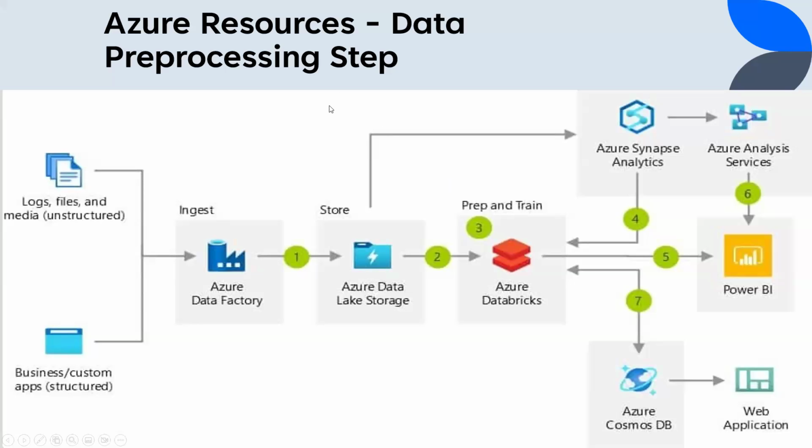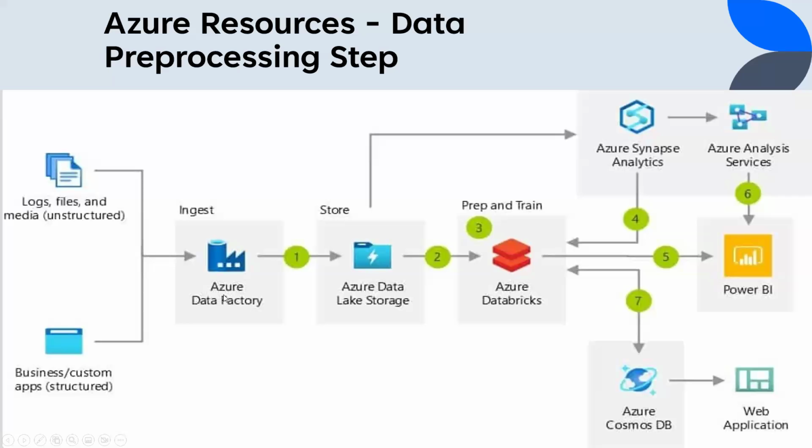So looking at the data pre-processing step, the Azure resources involved, just to give you an overview, doesn't necessarily mean you have to use these resources, but just to give an idea. So these are the resources used. We can use log files and media files for input, and business or custom applications could also be ingesting data.